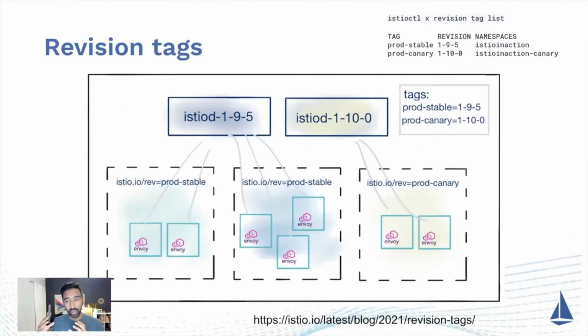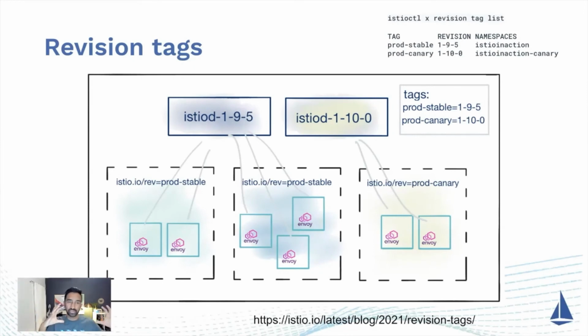You can say that you have a stable tag and a canary tag, and then the tag is what you would use in the label of those namespaces. And what those tags point to, whether it's 1.9.5, 1.10, 1.11, 1.12, you can update that independently using the istioctl revision tag command. So this allows you to change multiple namespaces at once.